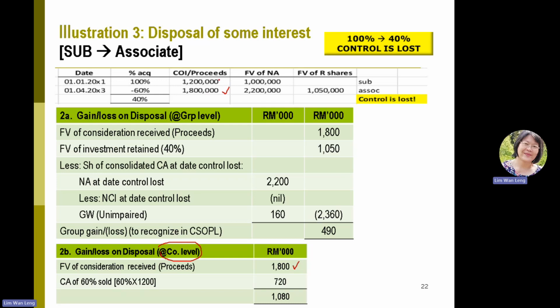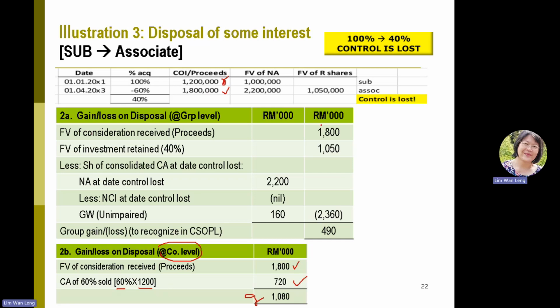How much was the original cost of investment? The original cost was 1.2 million, but you dispose of 60%, so 60% of 1.2 million is 720,000. So in this case, you will get a gain on disposal.